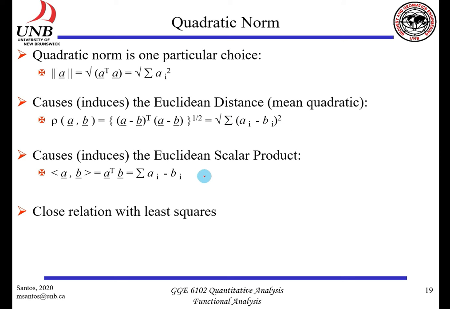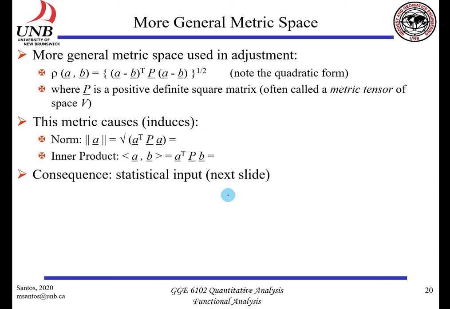Then we have the Euclidean scalar product between two vectors, which is basically the product of each one of the elements of the vectors A and B. Of course, all these quadratic norms, the Euclidean distance and the Euclidean scalar product, have a close relation with least squares.